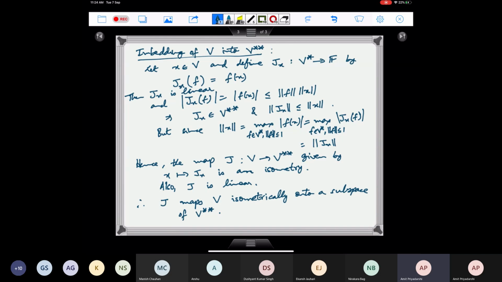Because it is an isometry, it is one-one also. So we get a one-one map from V to V double star, which is a linear transformation, and it is continuous also. So this V can be considered as a subspace of V double star via this map. So this is the embedding that we are talking about, V into V double star.